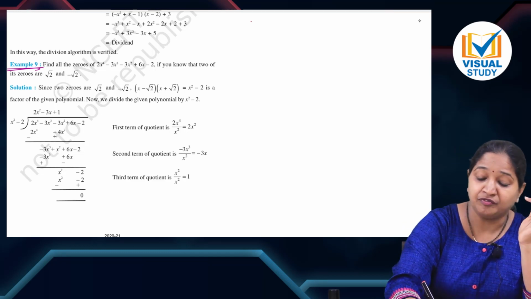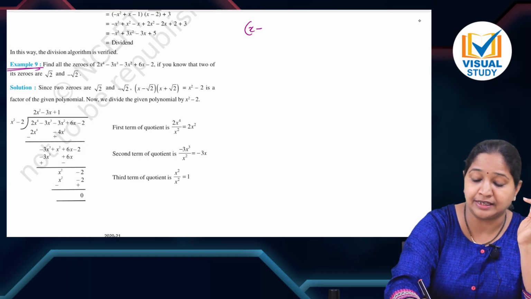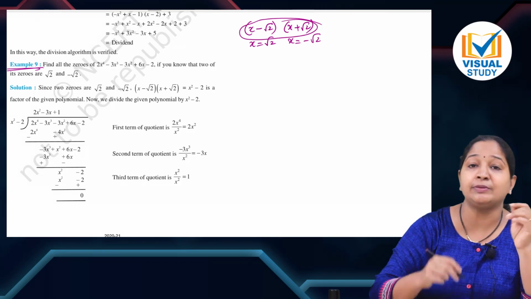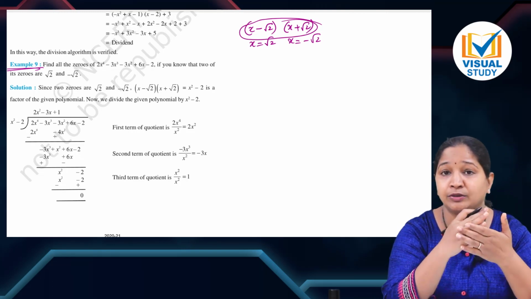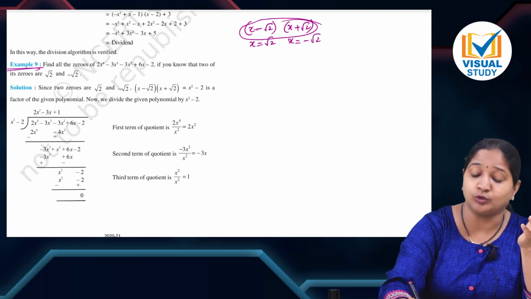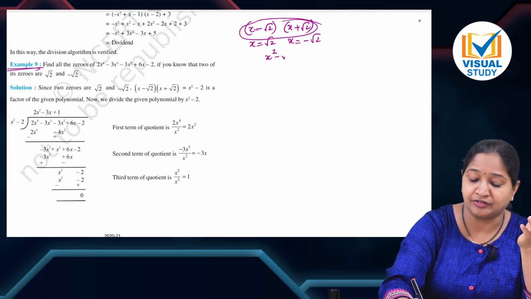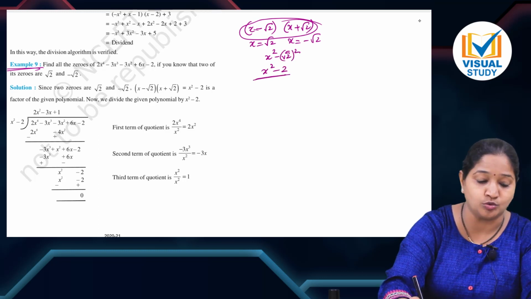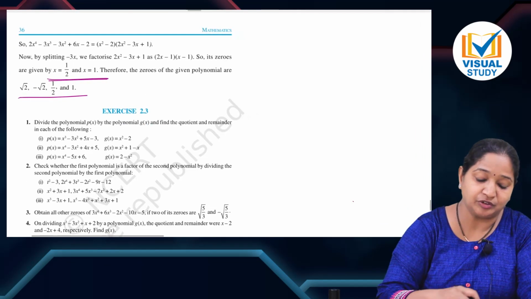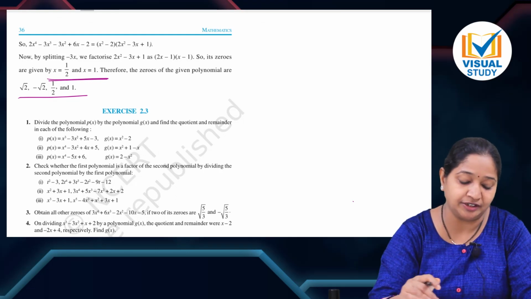That means when you get x minus root 2 and x plus root 2, that is, x is equal to root 2 and x equal to minus root 2. So your factors will be x minus root 2 and x plus root 2. Now when you multiply x minus root 2 and x plus root 2, what you get is x square minus root 2 square, and that is x square minus 2.